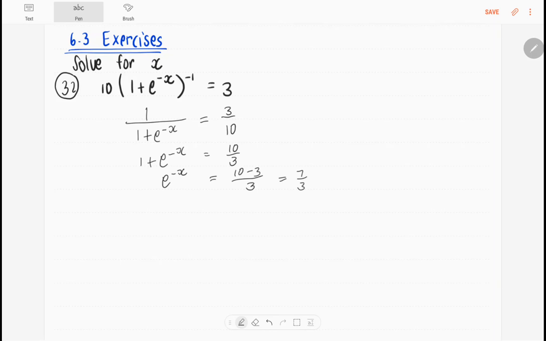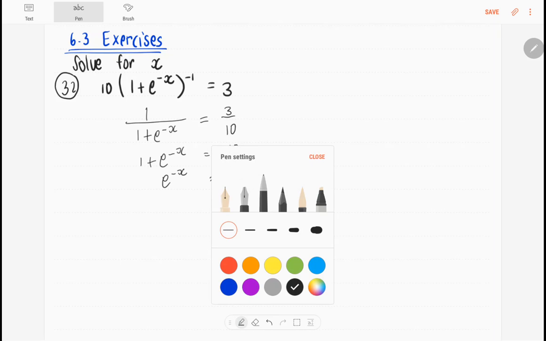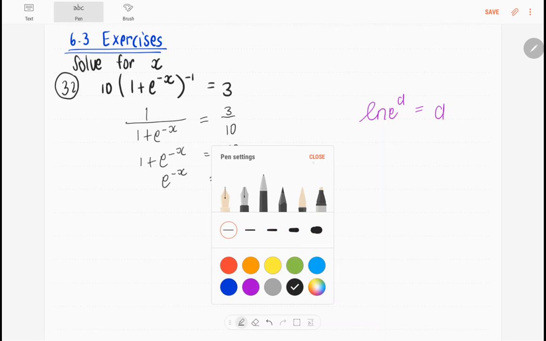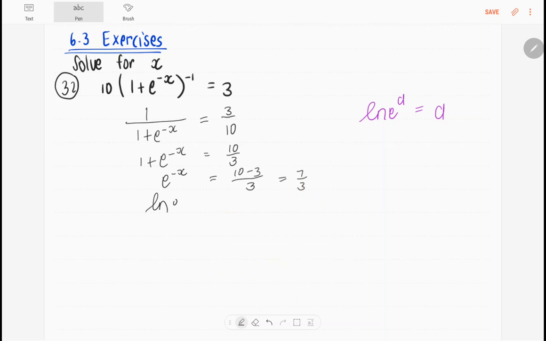So what I'm going to use is the fact that if I take ln of e to some power, that just equals that power. So I'm going to take ln on both sides of the equation. I'm going to say ln of e to the minus x equals ln of 7 over 3. Then on the left-hand side, it simply becomes minus x.